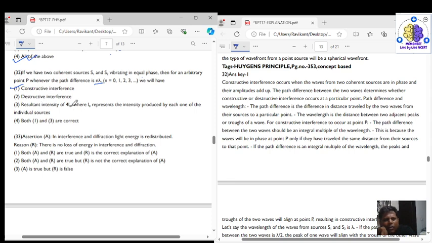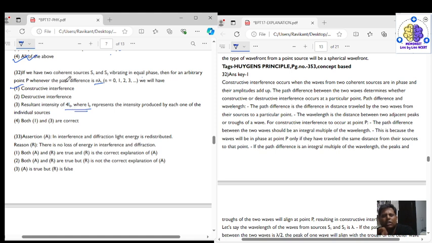Resultant intensity of I0. If two coherent sources S1 and S2 vibrate in equal phase, yes, they are saying coherent sources, no? But the amplitude is not given to us, right? Because the amplitude is not given to us, we cannot say this. So option 4 is not correct. Option 1 is correct. That is, they form a constructive interference.